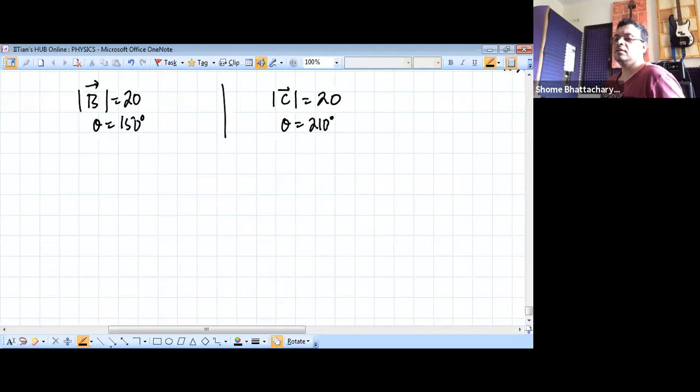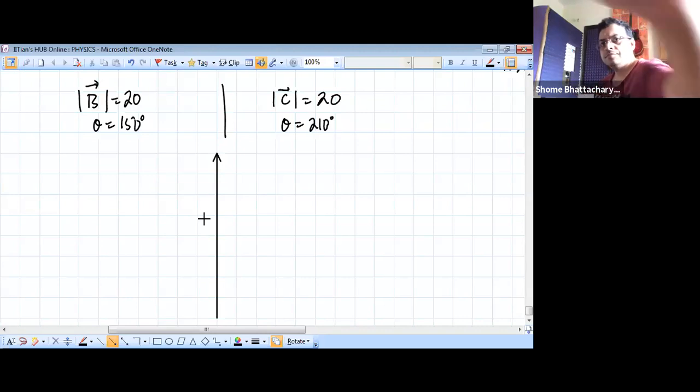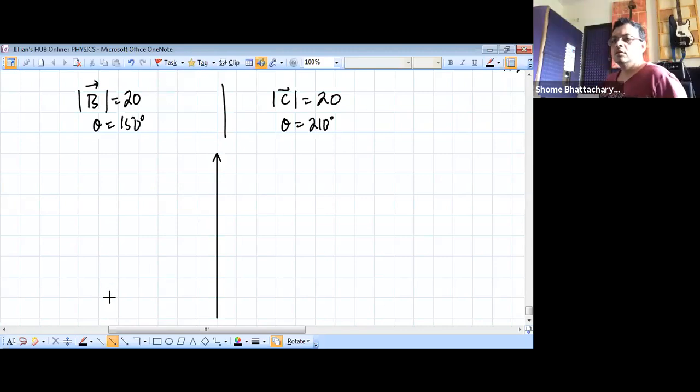So you see that there's a very nice symmetry between the two.